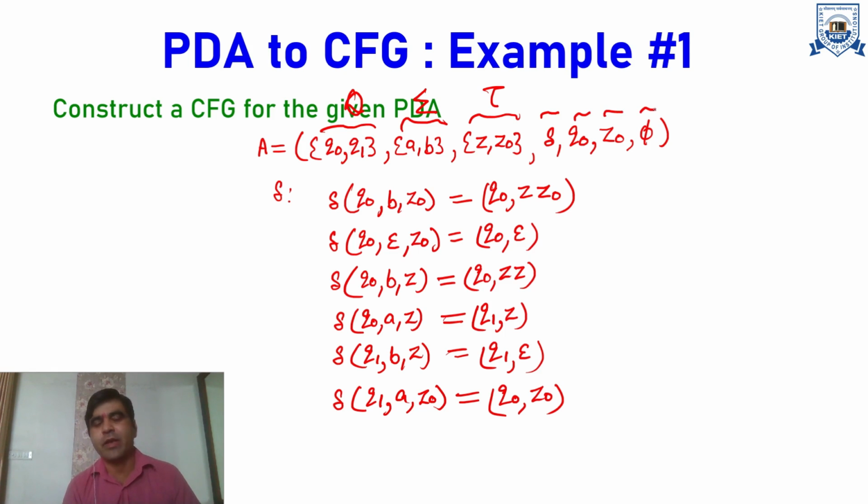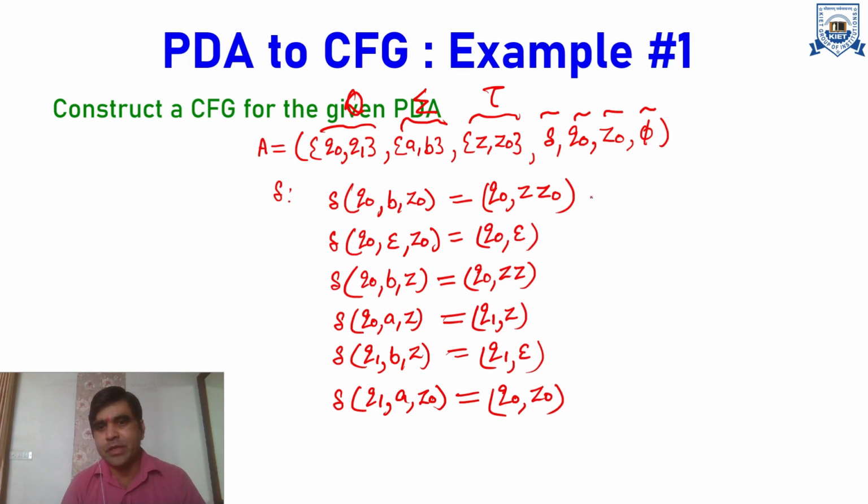And we have written phi, meaning this is a push down automata which accepts by empty stack. These are the transition rules of your push down automata. For example, the first rule is an example of Q naught, B, Z naught, going to Q naught, Z naught.